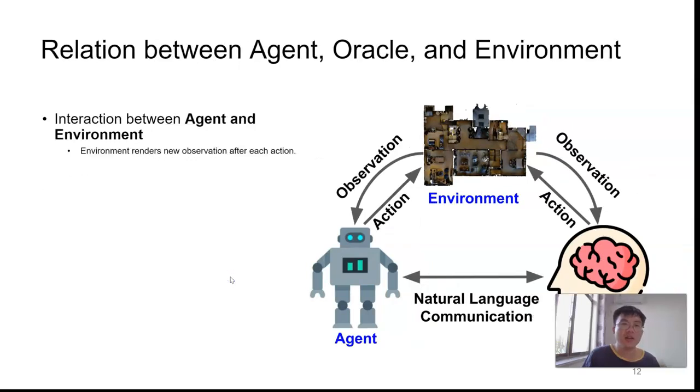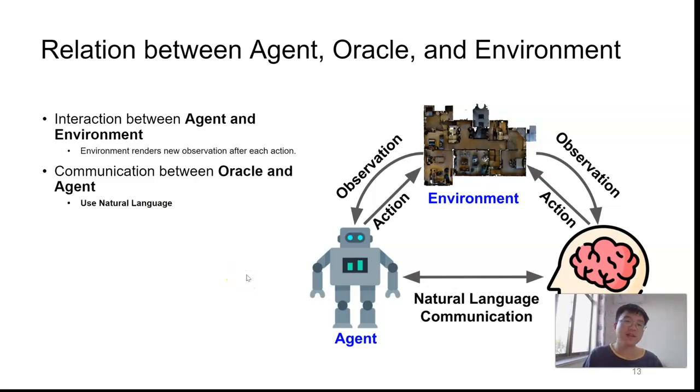First, in VLN, there would be interaction between the agent and the environment. In other words, each time the agent makes a step or makes an action, the environment will render new observations. Secondly, there would be communication between the oracle and the agent, and the communication would be in natural language.